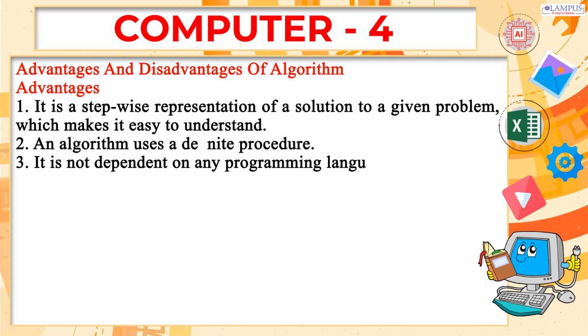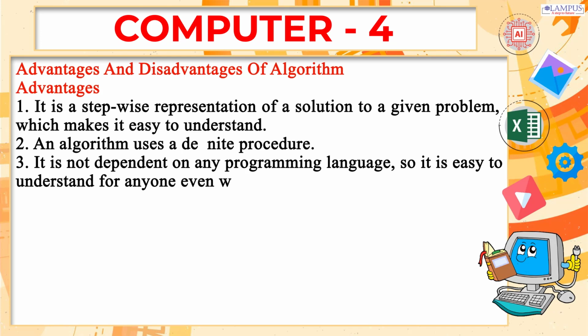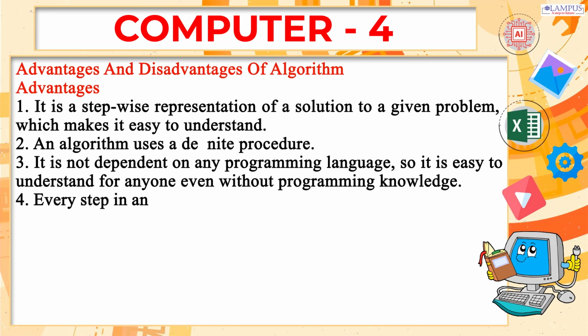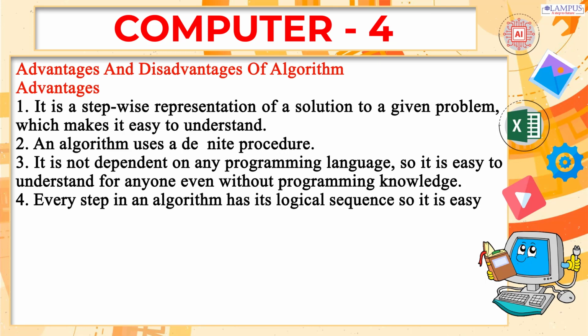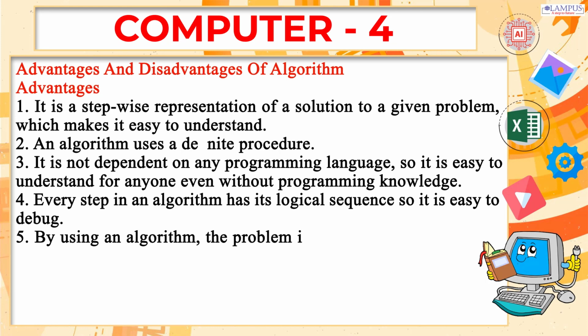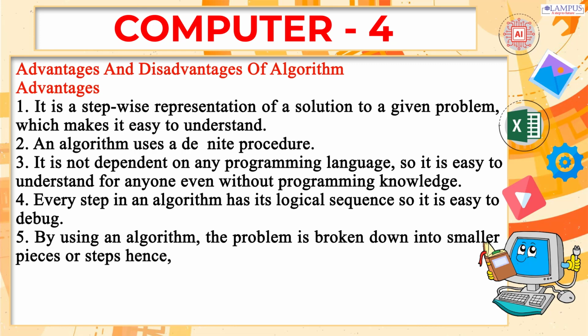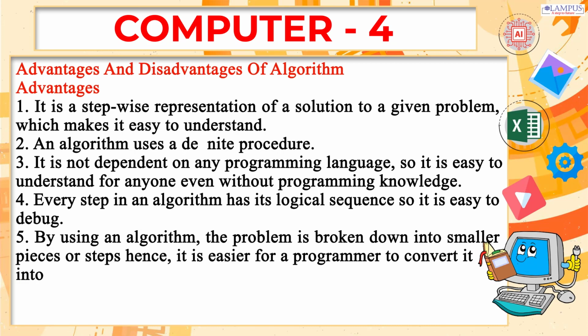It is not dependent on any programming language, so it is easy to understand for anyone even without programming knowledge. 4. Every step in an algorithm has its logical sequence, so it is easy to debug. 5. By using an algorithm, the problem is broken down into smaller pieces or steps, hence, it is easier for a programmer to convert it into an actual program.